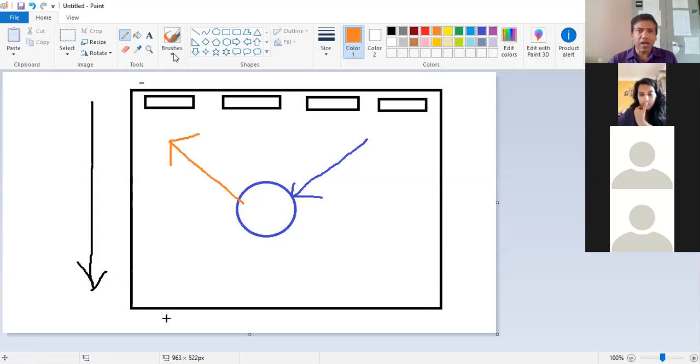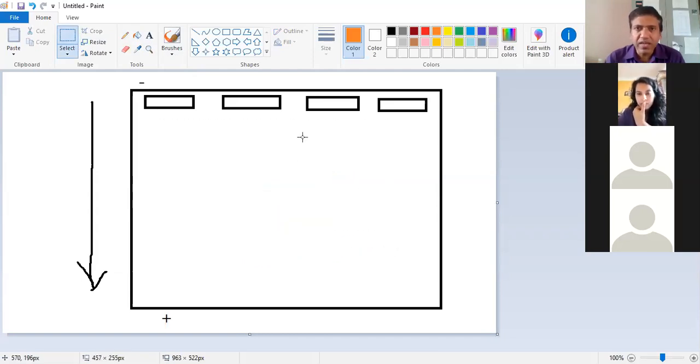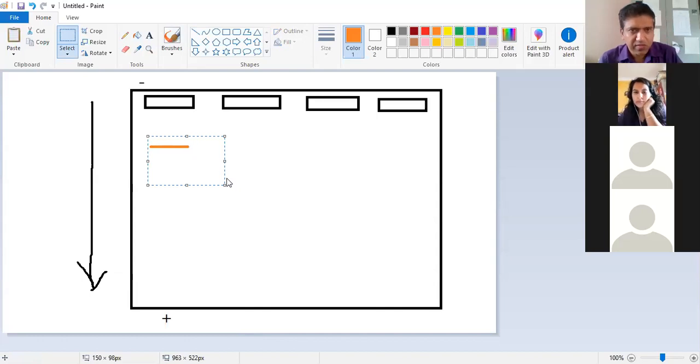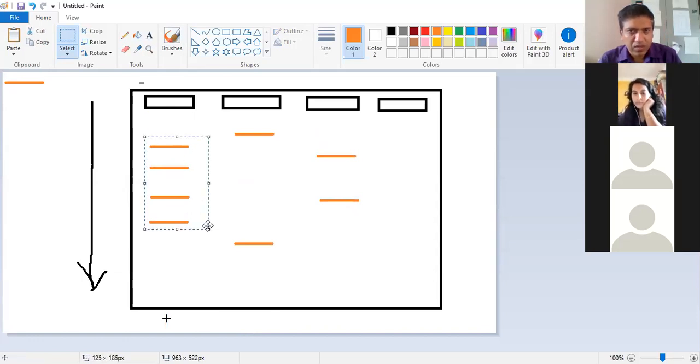So what will happen after staining the DNA? When you see it under UV, you will find this kind of bands. Like this sort of bands you will observe.